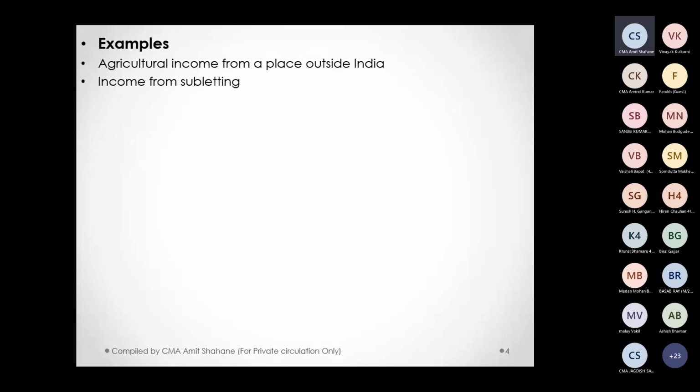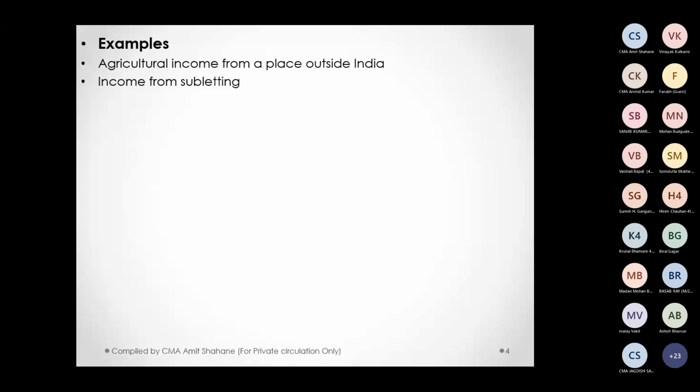So you will have to go into the details and check whether he is the landlord or the owner, or whether he is only a tenant and the rent he is receiving is from a subletting activity. So again, you will have to be very careful.